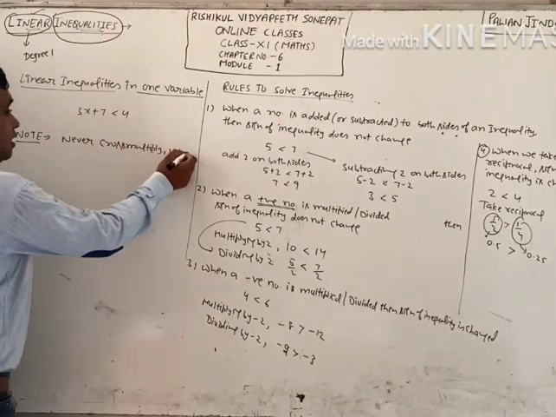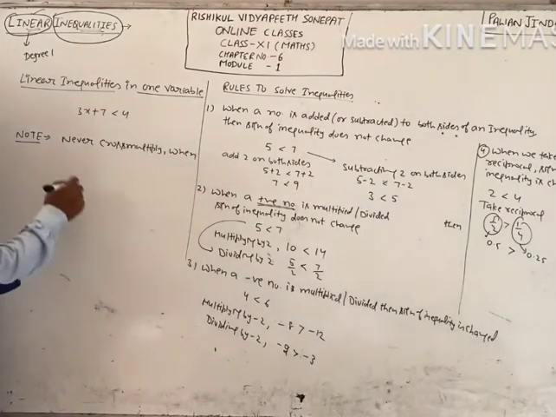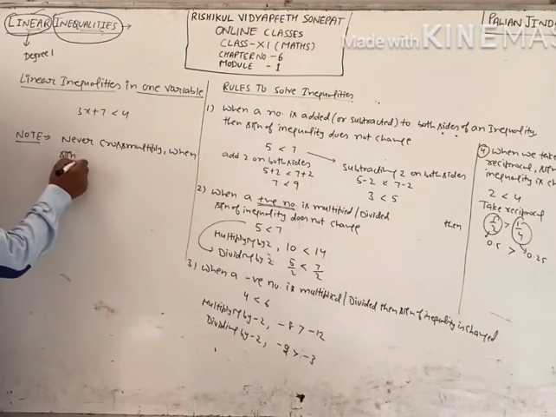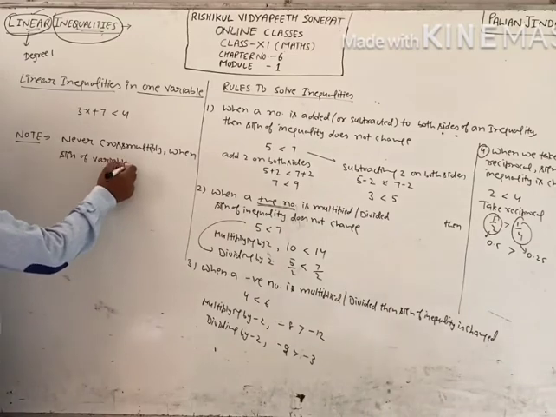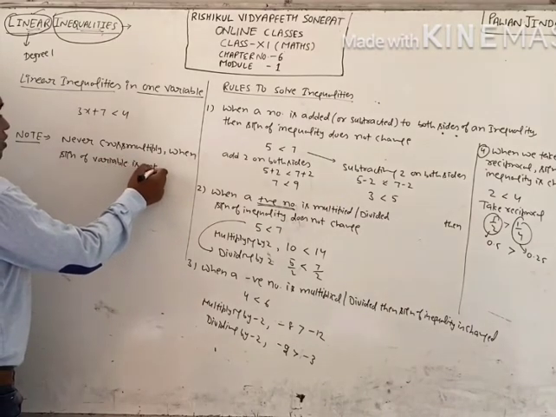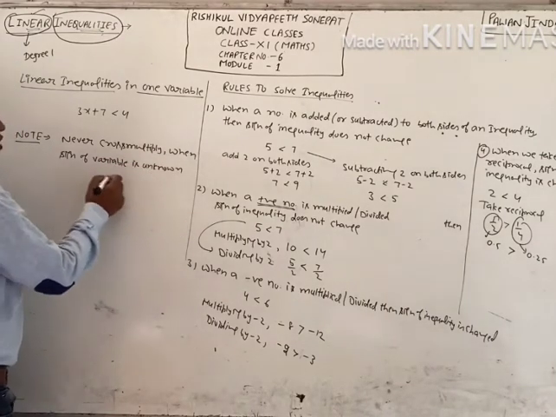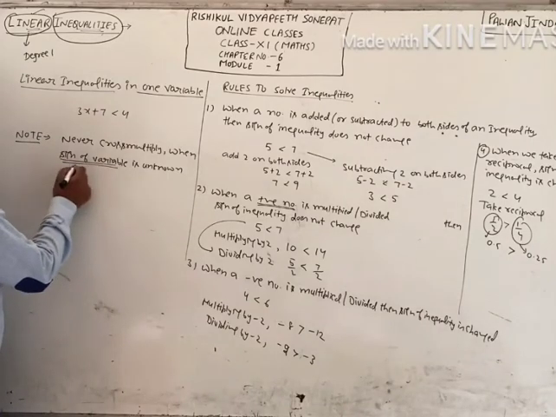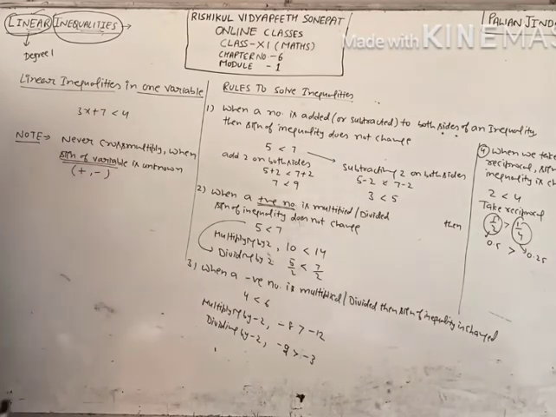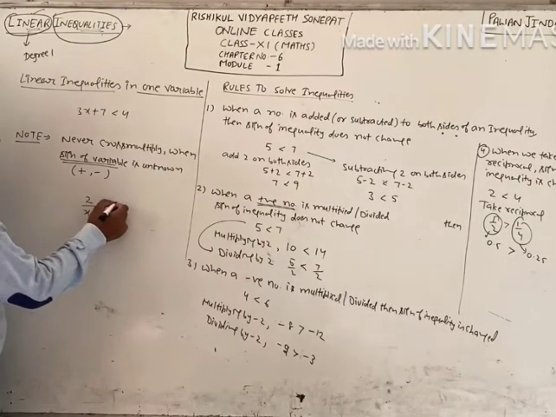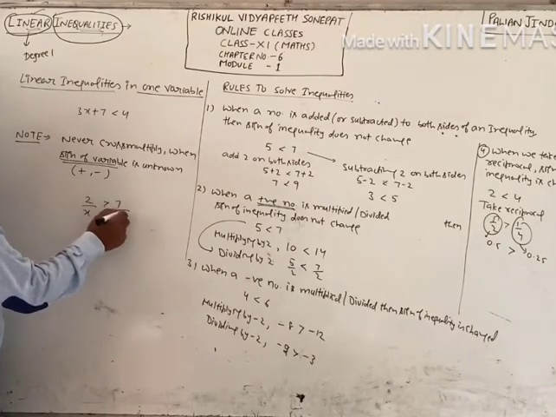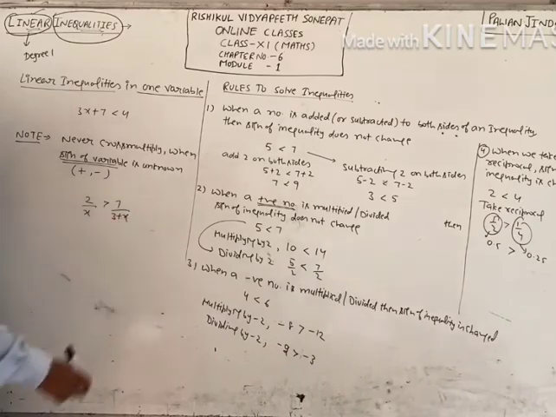When sign of variable is unknown, means whether it is positive or negative, like this: 2 by x greater than 7 upon 3 plus x.